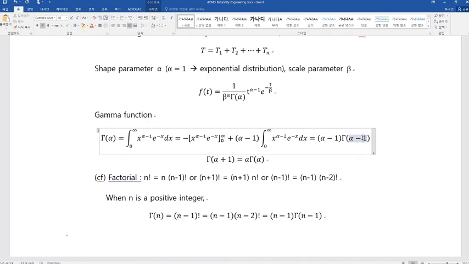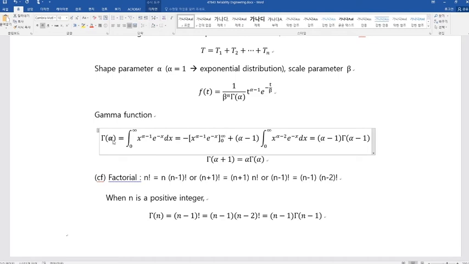But the point is that alpha does not need to be restricted to positive integers. It can be any real value. It does not need to be a positive integer like 1, 2, 3, and 4, as factorials do.